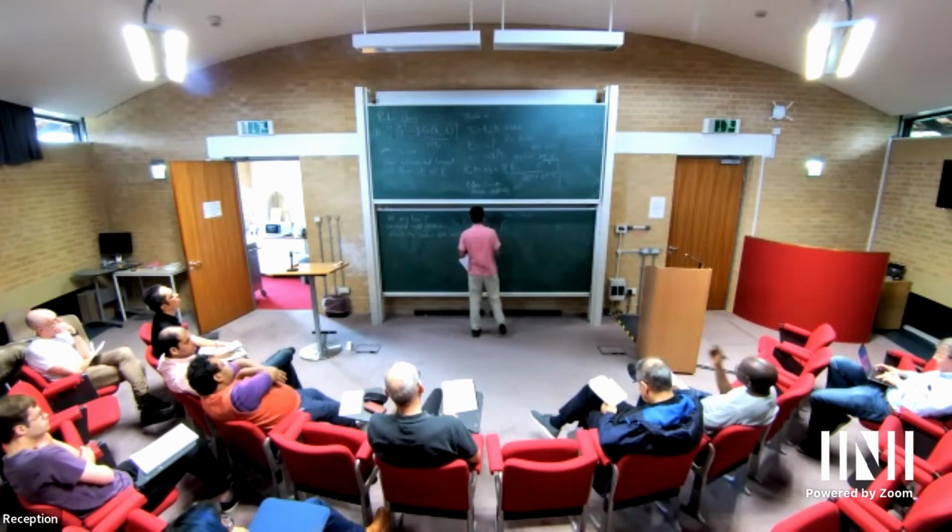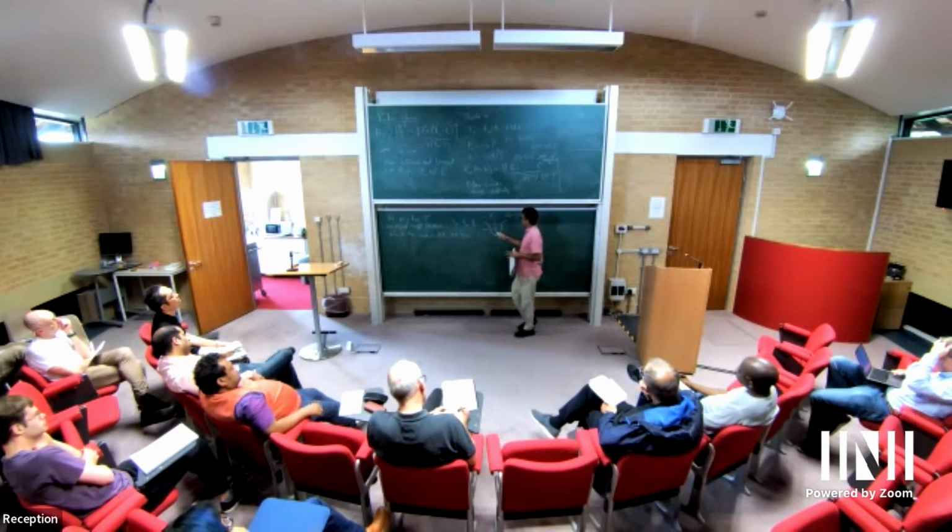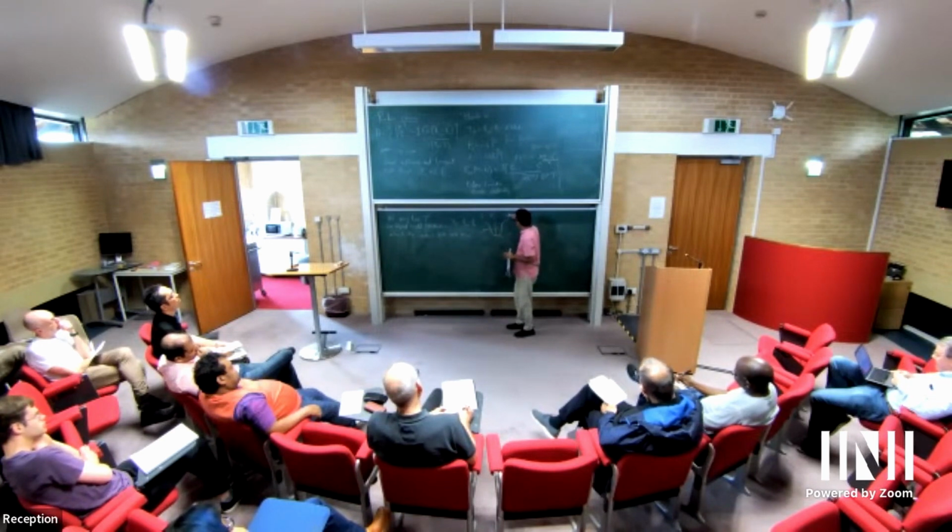So this is the potential. Now, at very low temperatures, we are more or less confined here, and so we might as well replace this potential by something which goes up to infinity at minus pi and pi.